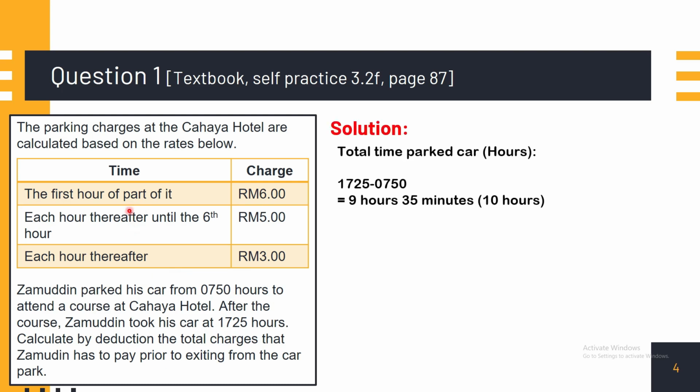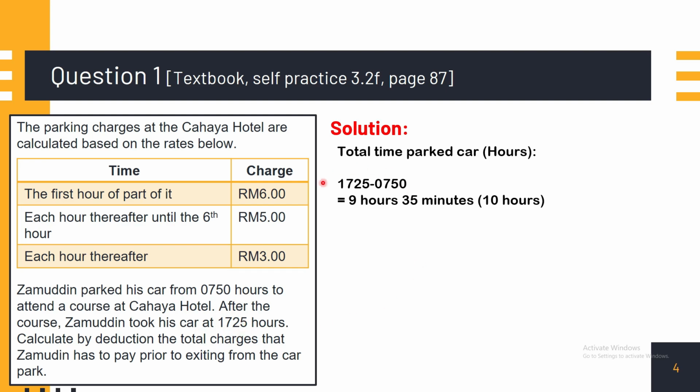We must calculate the total time the car was parked, in hours. Zamuddin started to park at 7:50 hours, which means 7:50 in the morning, and he took his car at 17:25, which is 5:25 in the evening.